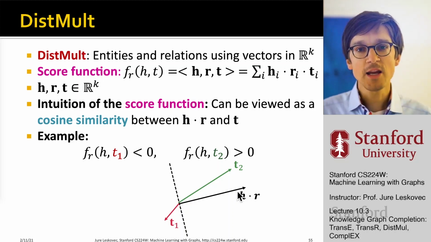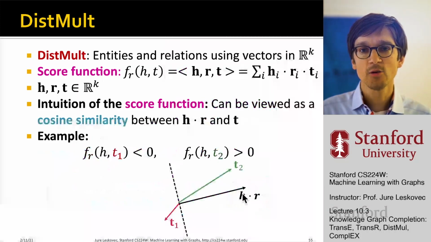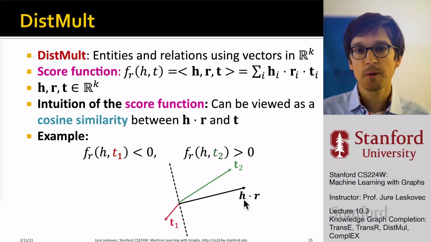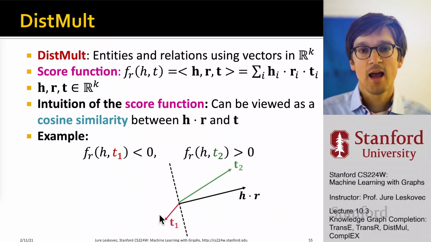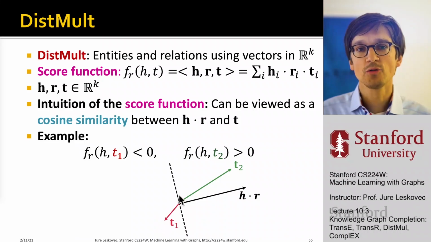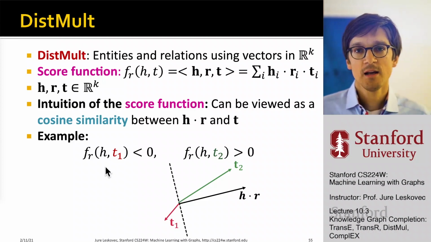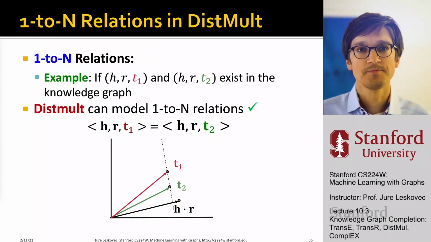So h times r defines a hyperplane orthogonal to it, and the tails that are related to h according to relation r should fall on the same side of the hyperplane as this normal vector, and tails that are not related to it should fall on the other side of the hyperplane. So that's the intuition and the idea of how DistMult works.